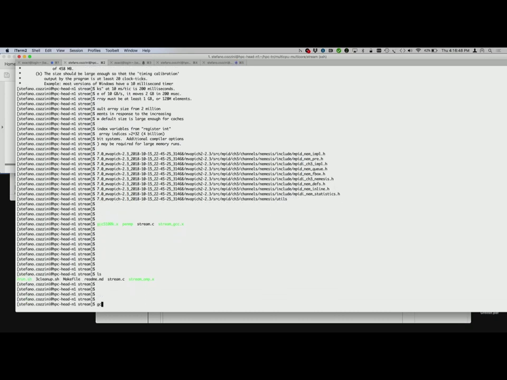Okay, now I can recompile it. Minus fopenmp, minus O3.